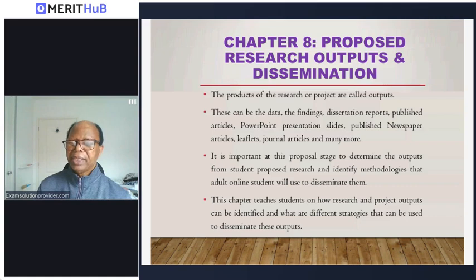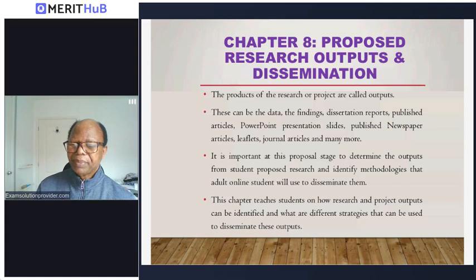These can be the data itself that you are generating and acquiring, the findings from your research, dissertation reports, which is the more common one, then published articles, PowerPoint presentation slides, published newspaper articles, leaflets, journal articles, and many more.